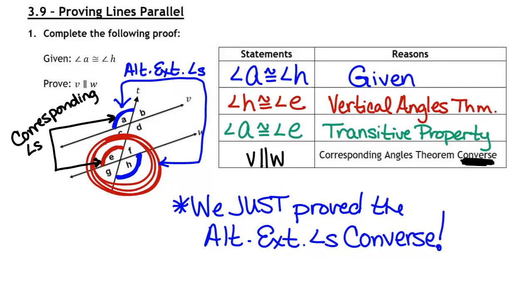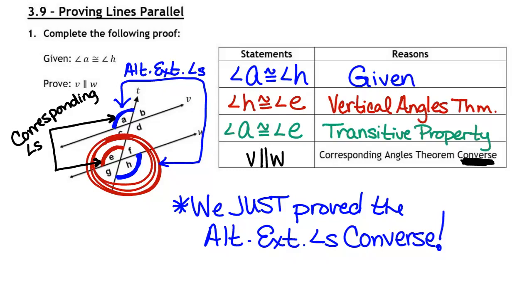Once we prove something, we are allowed to use it in a proof later on as a reason. So now when I look at a diagram, if I know my alternate exterior angles are congruent, I can say those lines would have to be parallel by the alternate exterior angles converse.